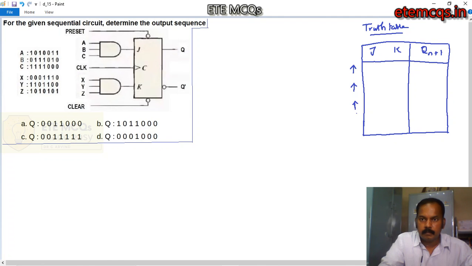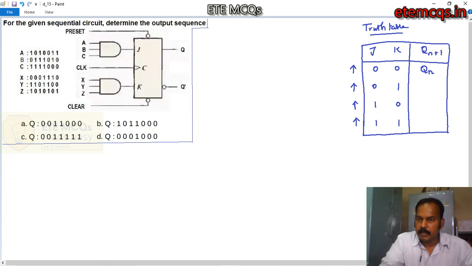Since you have J and K, two inputs, there will be four possible combinations: J0 K0, J0 K1, J1 K0, J1 K1. If J and K both are 0 at the particular edge triggering, the previous output will be maintained. Whatever may be the previous output, if the previous output is 0, the output remains 0. If the previous output is 1, the output remains 1.